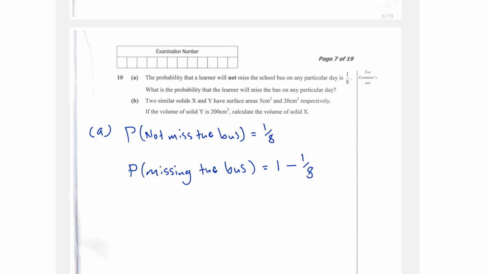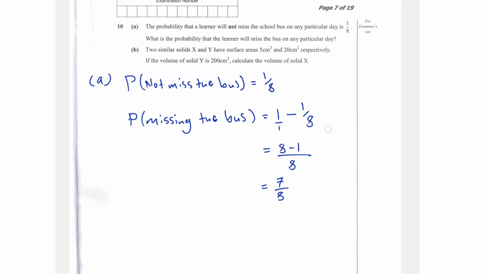So 1 multiplied by 8 is 8, and negative 1 multiplied by 1 is still 1. So the probability of this person missing the bus will be 8 minus 1, so this one will be 7 over 8. So this is the probability that this learner will miss the bus.